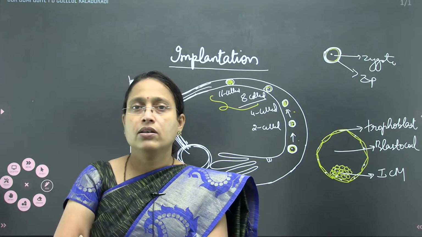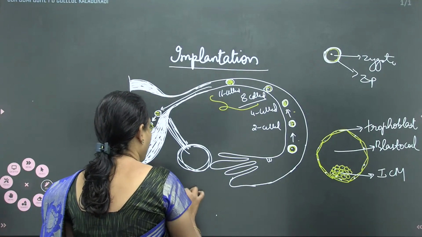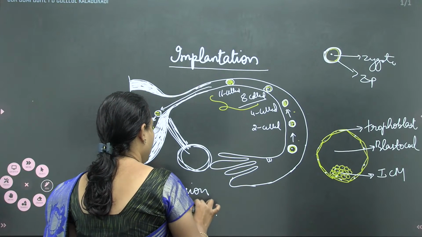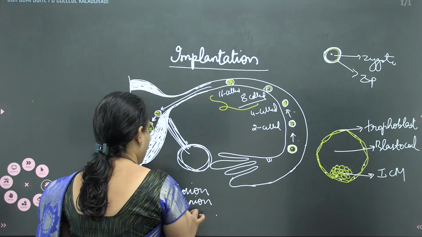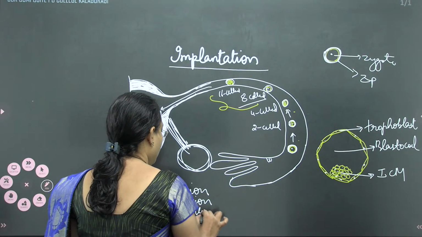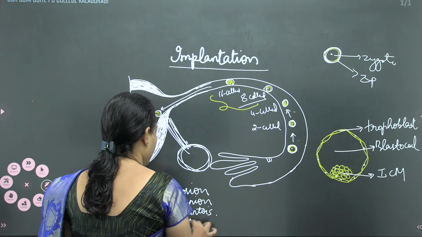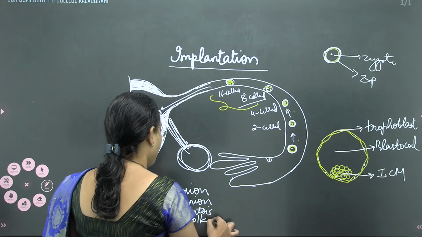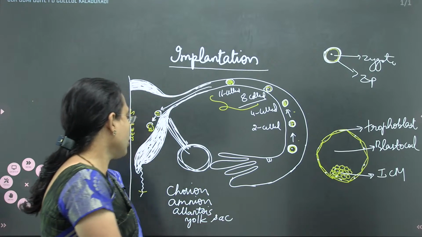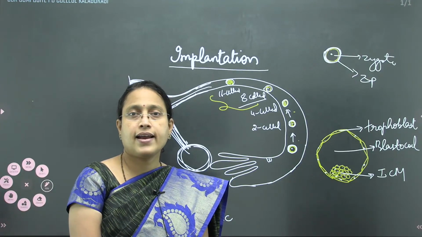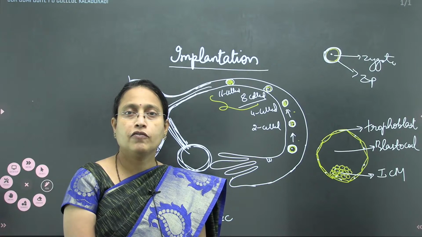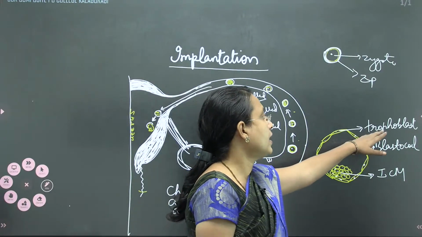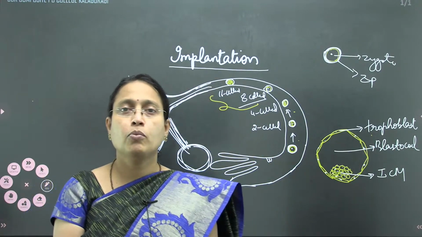These are the four extra embryonic membranes, which are developed from the trophoblast.